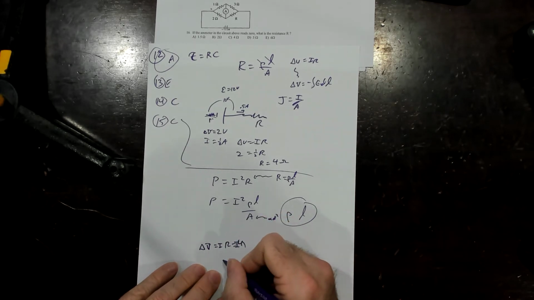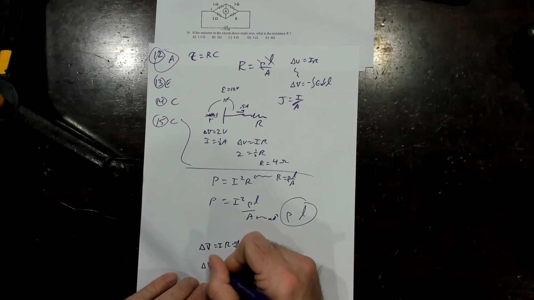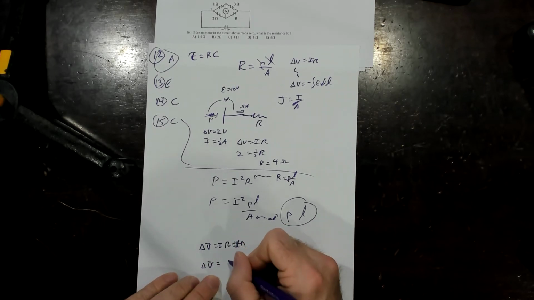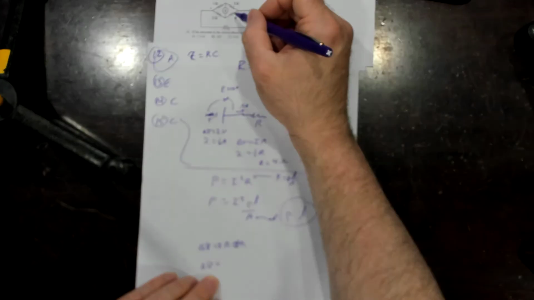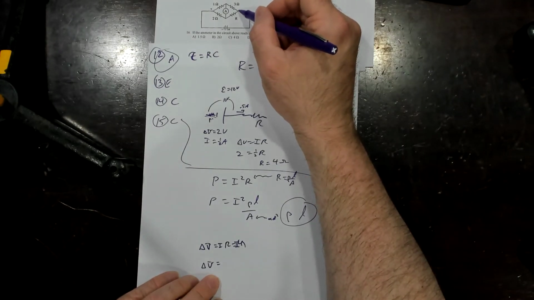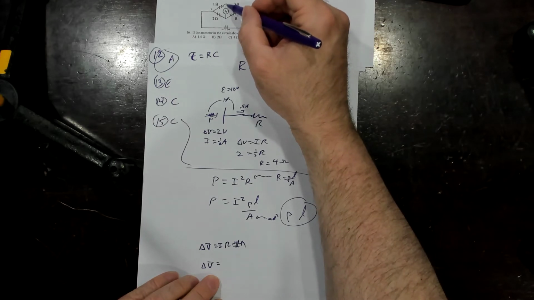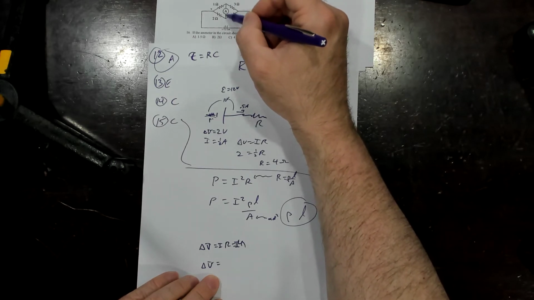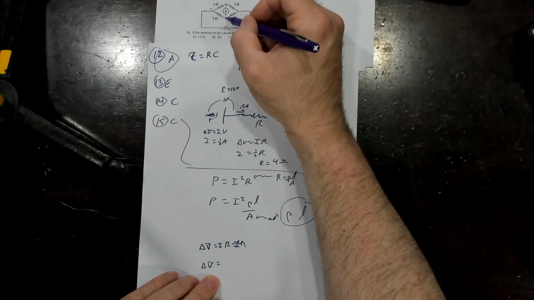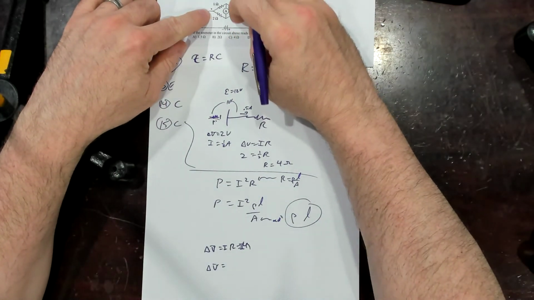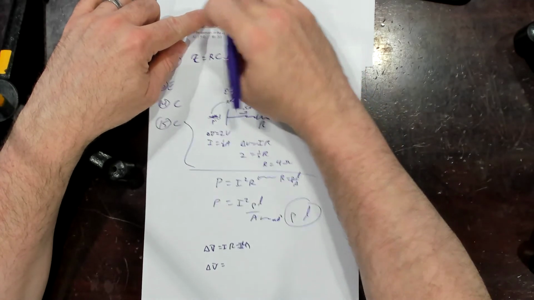Going in the bottom branch, I have to have the same delta V. So from here to here has to be the same as here to here also.